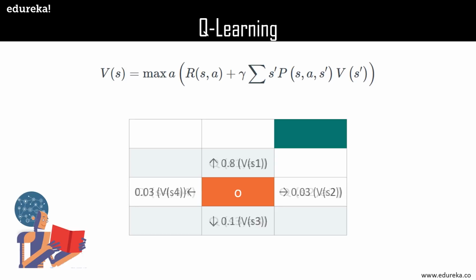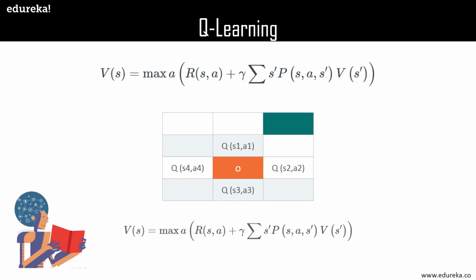So instead of 0.8 V of S1, we'll have Q of S1 comma A1, we'll have Q of S2 comma A2, Q of S3. Now the robot has 4 different states to choose from. And along with that, there are 4 different actions also for the current state it is in. So how do we calculate Q of S comma A, that is the cumulative quality of the possible actions the robot might take? So let's break it down.